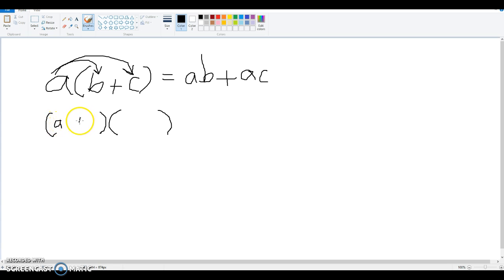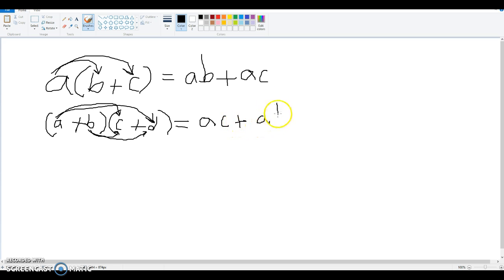Let's say we have A plus B times C plus D. You can multiply A times C and A times D, and then B times C and B times D, which gives you AC plus AD plus BC plus BD.